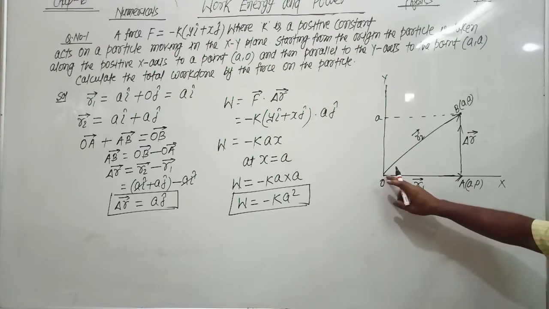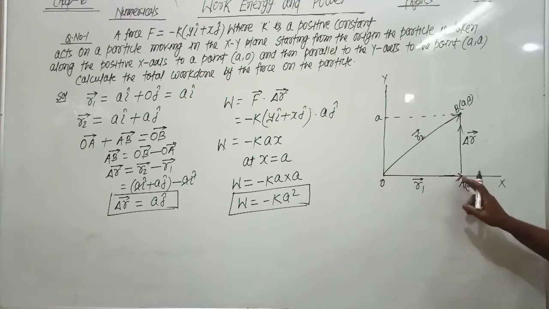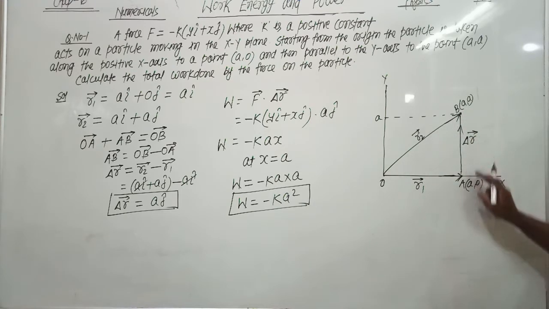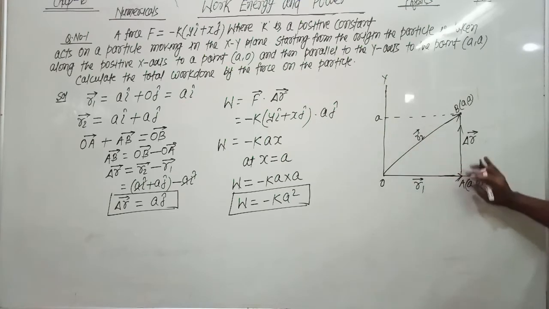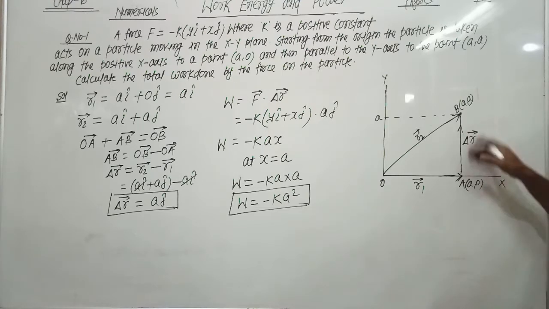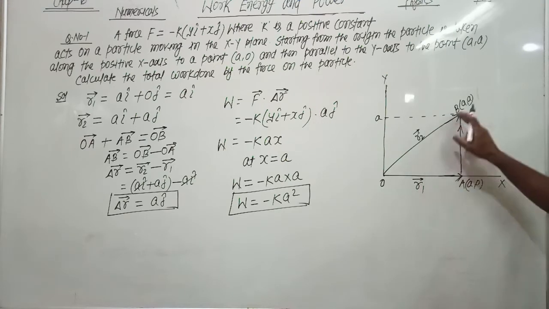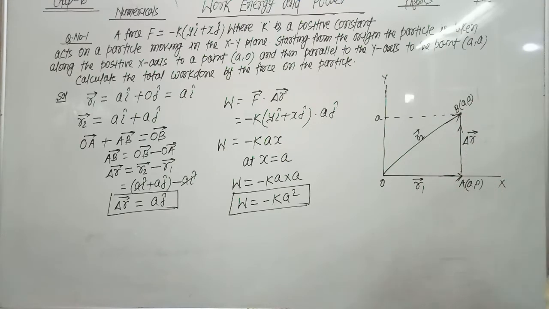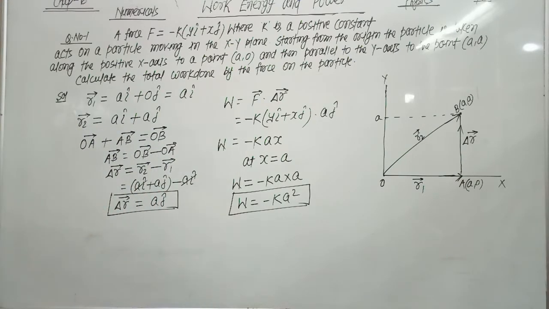When the force is applied on the particle situated at the origin, the position vectors are given as (a, 0) and (a, a). This is r1, this is r2. This will be the resultant vector or displacement vector delta r. So we calculate delta r, and we write r1 and r2 in terms of position vectors. Then we use the formula for work done: work done equals F dot displacement, meaning F dot delta r.